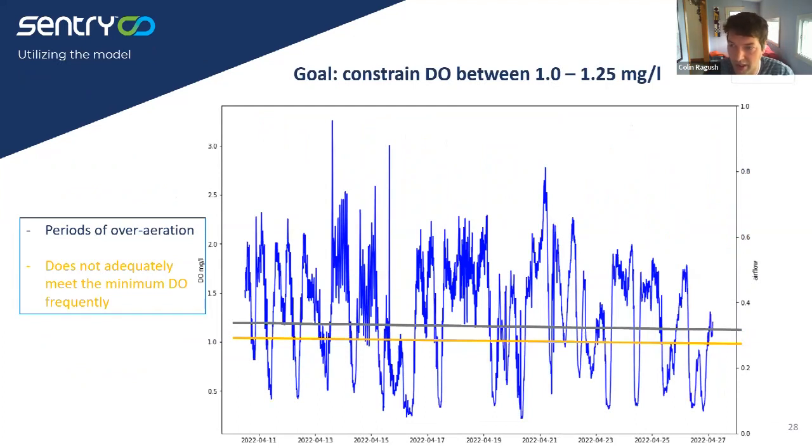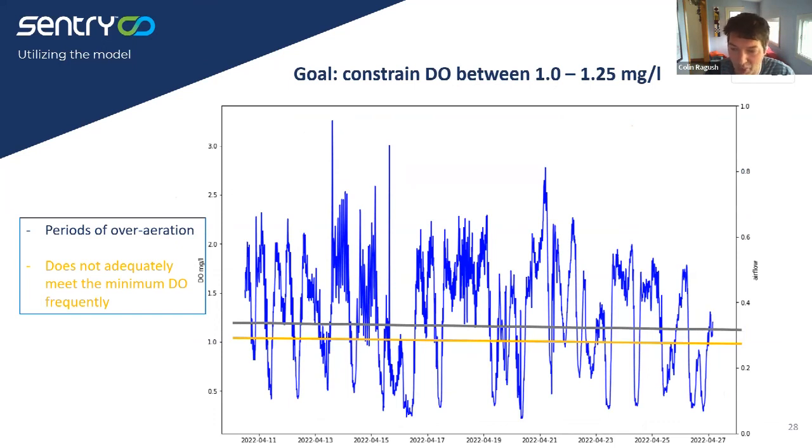This is an interesting analysis of how we can improve aeration for this facility. In this case, it's the last stage of the process. Their goal is to keep the dissolved oxygen above 1 milligram per liter, but as close to 1 milligram per liter as possible. So in this case, constraining it between 1 and 1.25 milligrams per liter.